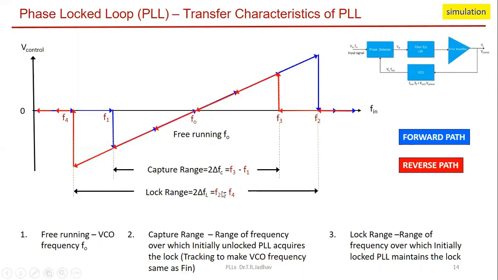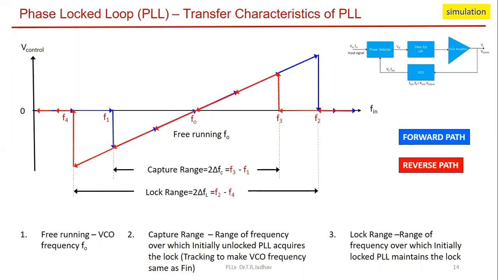So these are the three important parameters that we have to see when we look at the design or when we use the design. In designing, you always have to find these parameters. First we set the free running frequency, then we decide the capture range.